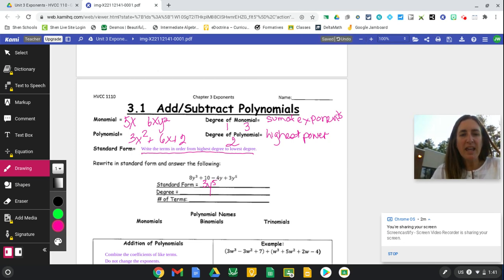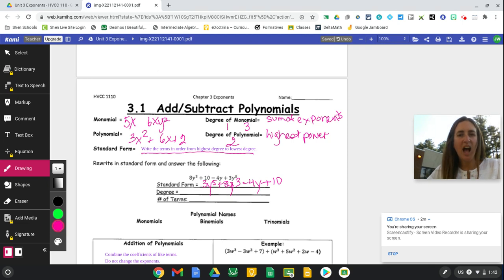Next, I'm going to put my 8y to the third, so plus 8y to the third. Then I have my minus 4y, bring the sign with it, and then plus 10 in the back. 10 does not have a variable with it, so that coefficient just gets tacked on at the end.